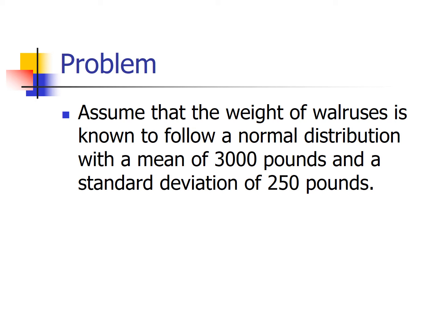Now, here's a practice problem. You should have learned how to do this at the end of Chapter 2. This is going back to the walruses that we spent a lot of time talking about. Let's assume, just like before, that the weight of walruses follows a normal distribution with a mean of 3,000 pounds and a standard deviation of 250 pounds.